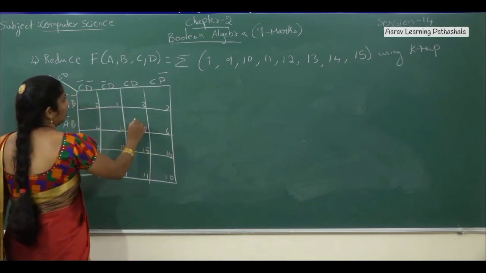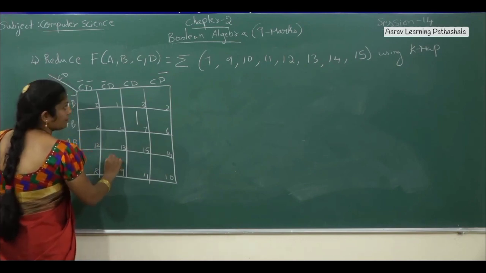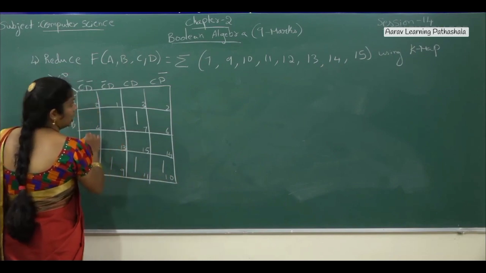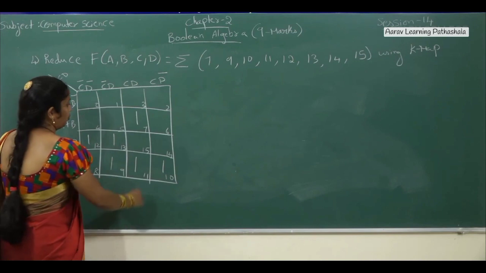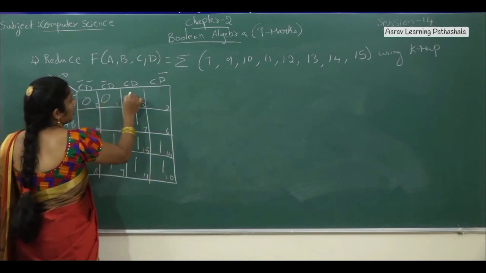Now wherever they gave the value, 1 for 7, then for 9, next for 10, 11, 12, 13, 14 and then 15. For the remaining cells, write down 0.